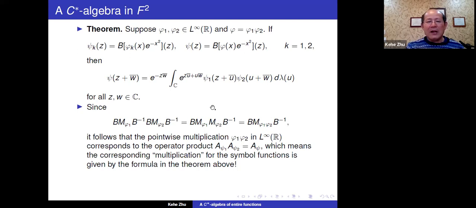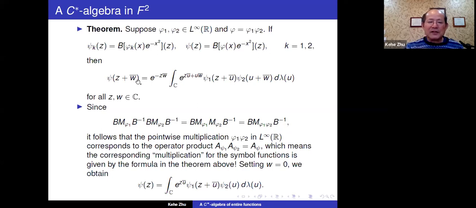Okay, and then you can show that the function psi corresponding to phi 1 times phi 2 will be the function psi that satisfies this condition. In other words, you're going to have an equality like this: xi is the same as xi1 times xi2.